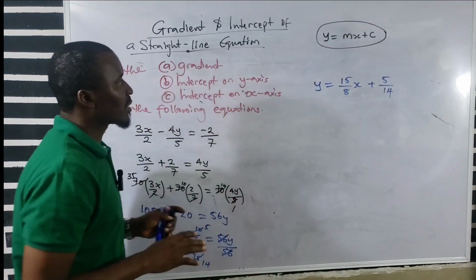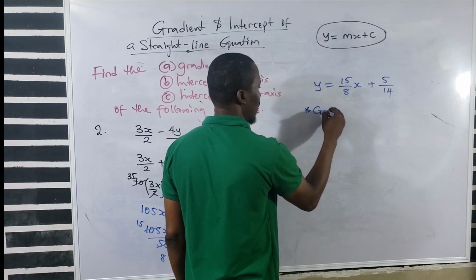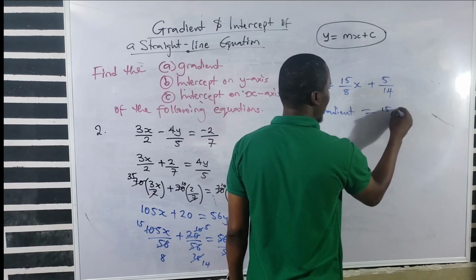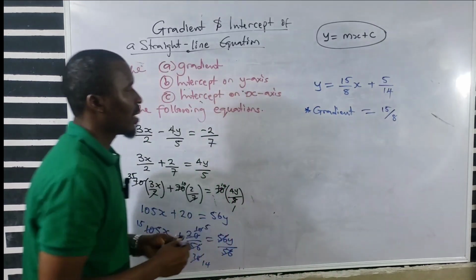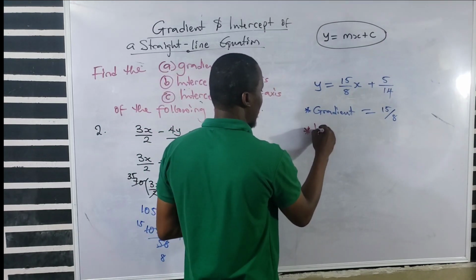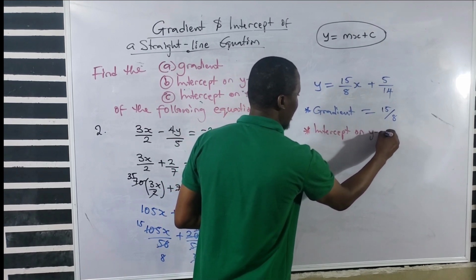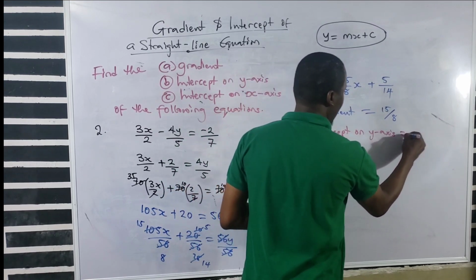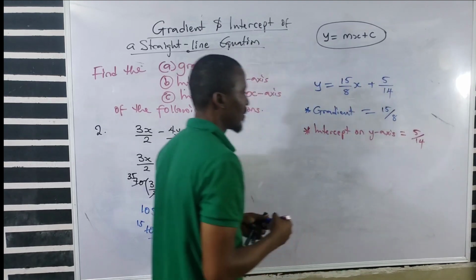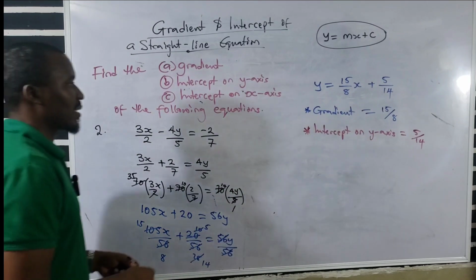Without solving anything, we can get our gradient as 15 over 8, then our intercept on the y-axis as 5 over 14.